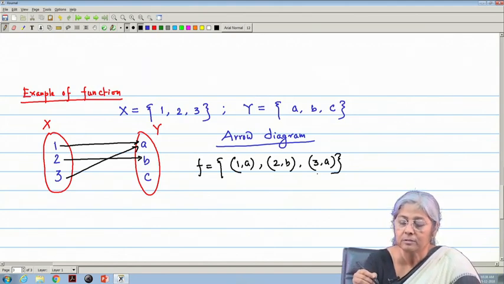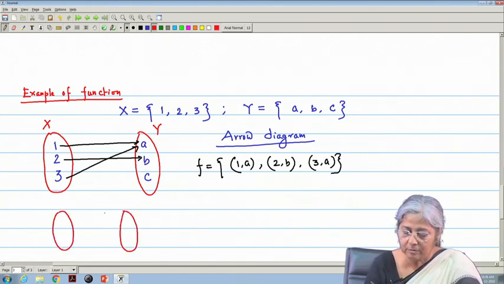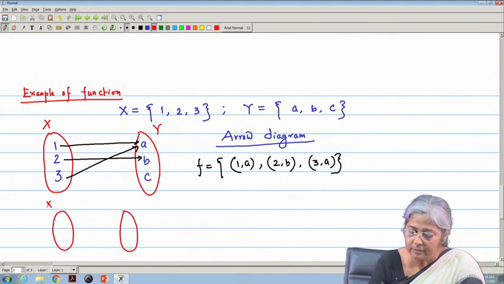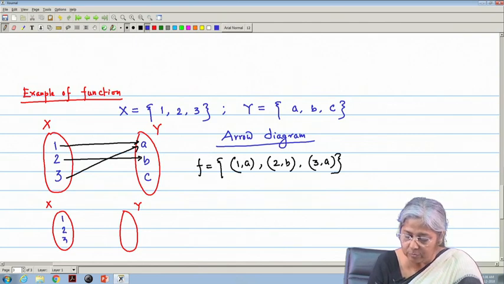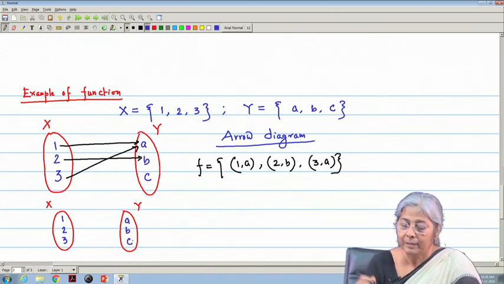Now, if I consider a different type of assignment, again this is x, this is y, say I have 1, 2, 3 and here a, b, c.